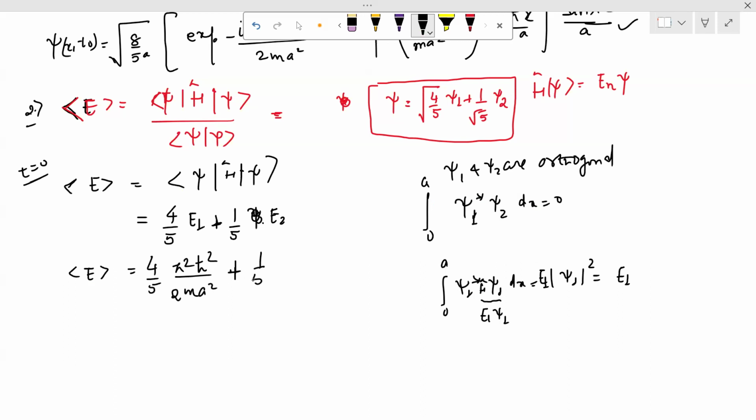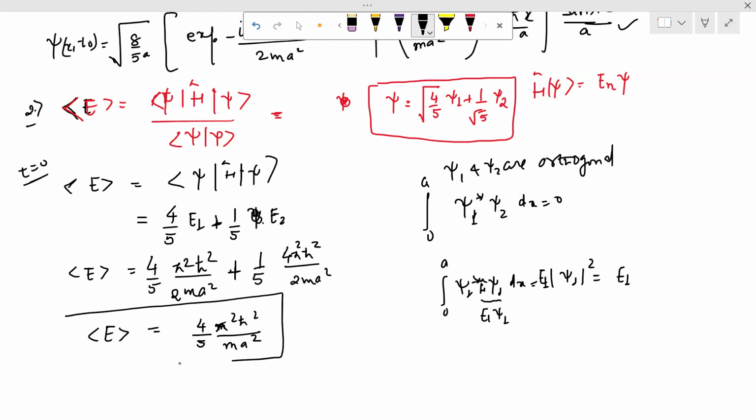E2 is, I think, 4 pi square h ket square upon twice ma square. So this will give you in totality 4 upon 5 pi square h ket square upon ma square. So the average value of energy would be this.